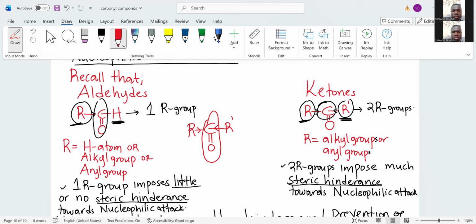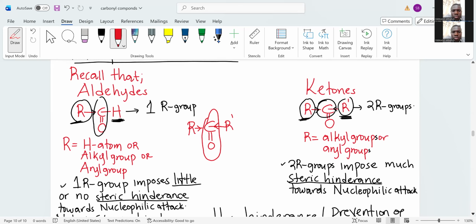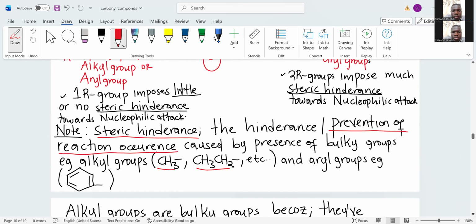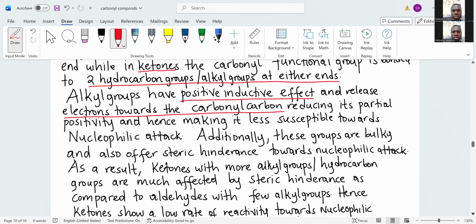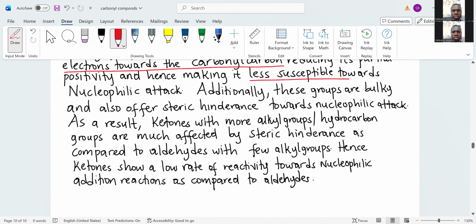Remember, oxygen here pulls electrons, leaving a partial positive charge on carbon. But you have groups pushing electrons towards it, which should reduce the partial positivity on that carbon atom. Therefore, it should be less prone towards nucleophilic attack because the degree of positivity on it has reduced.